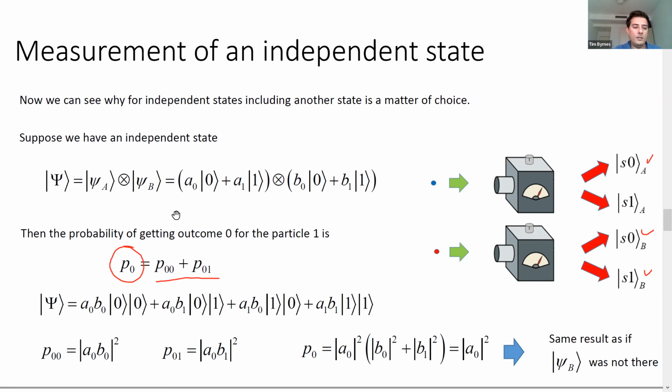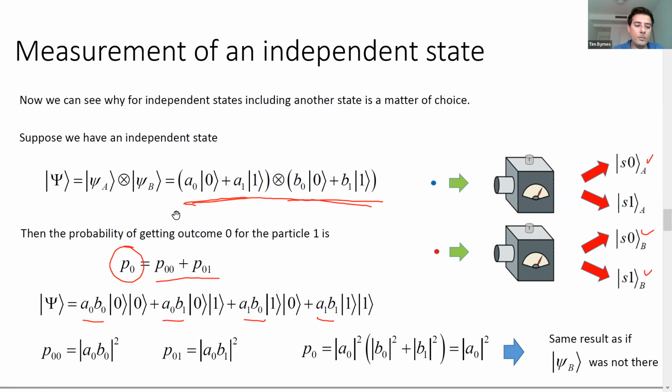And so we've got our wave function. For the case where they're independent, the coefficients of these states look like this. That's a special case with a special structure, because they're supposed to be independent. They're always going to be multiplying in pairs like this: A0, the number from the first state, and B0, the number from the second state.